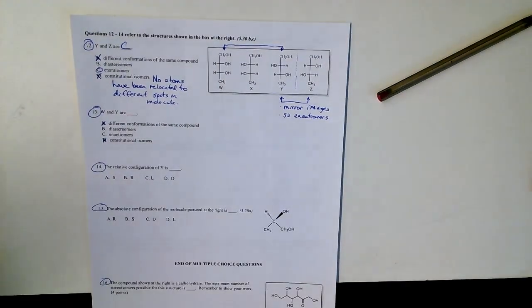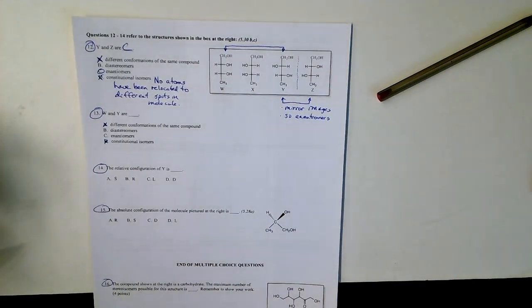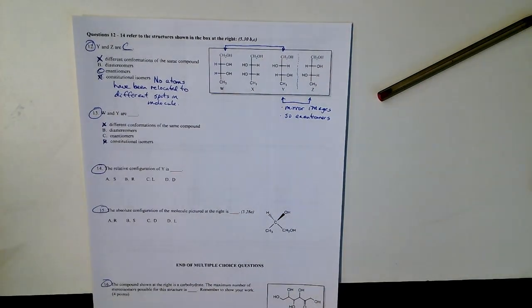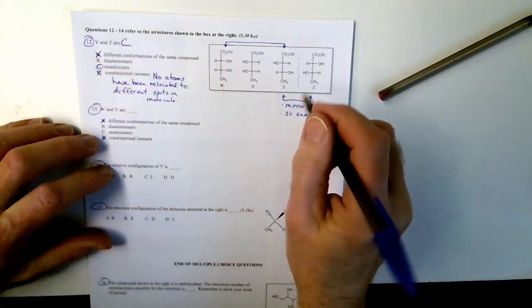So then you're down to trying to maybe ignore X here in the middle. Imagine yourself a mirror plane split in between the two, and what would you say? The mirror images, yes or no? For W and Y? No. Yeah. They're not. Yep.